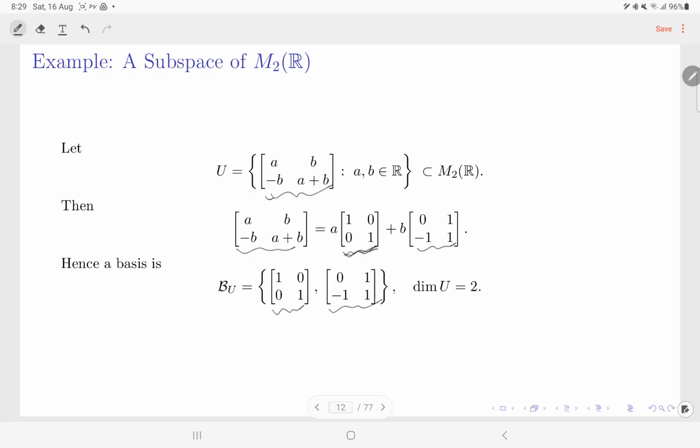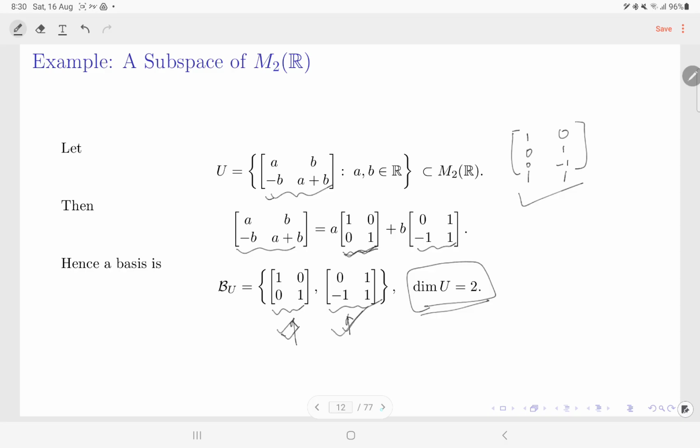So these two are the basis. Now these two are linearly independent. How can you show that? Again you can form a matrix, (1 0), (0 1) and (0 1), (-1 1), and you can clearly say that there are two independent columns. And so the number of independent basis vectors is the dimension of that vector space. So this vector space has dimension 2 because there are two linearly independent basis elements in it.